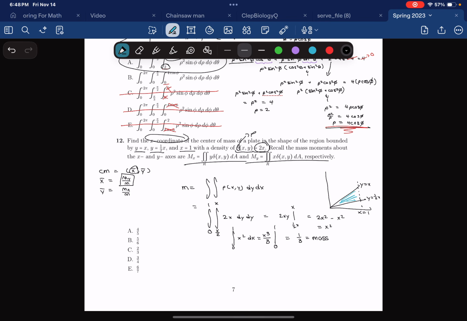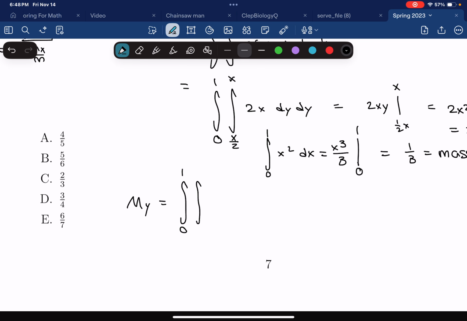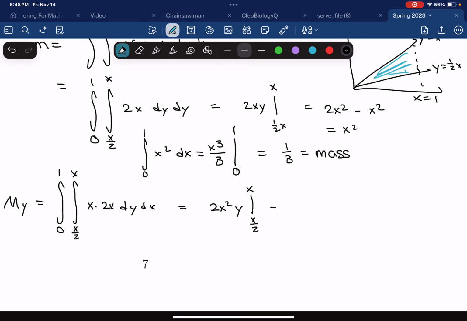So what is my? Well, my is equal to actually the same integral, except we add in an x. And if it's mx, you add in a y. So in this case, from dy dx, now we start with 2x squared y from x over 2 to x, which gets us 2x cubed minus x cubed, which just gets us x cubed.